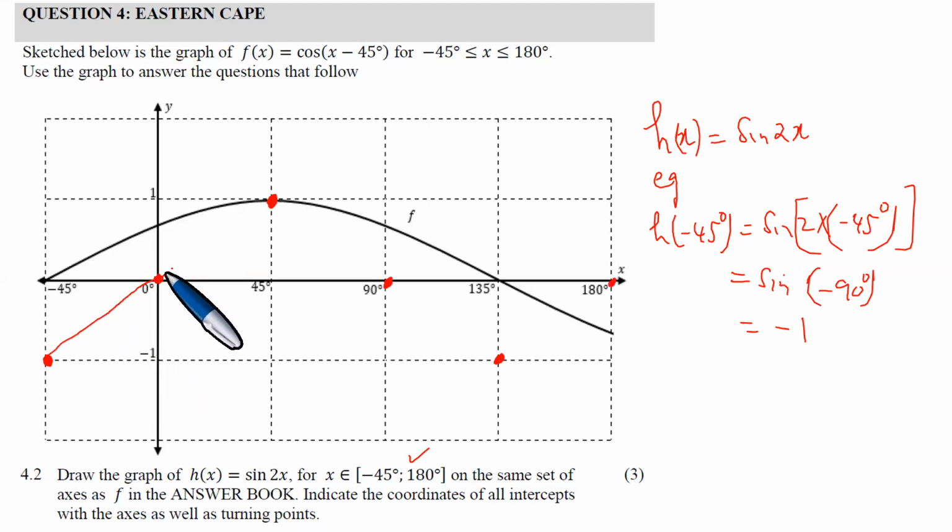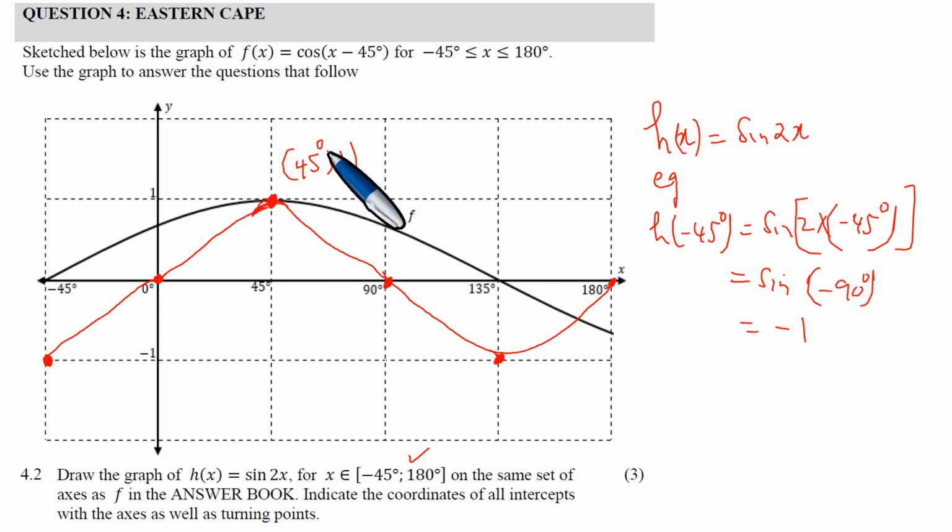Tomorrow I'm going to look at how to use the Casio calculator to draw this graph, because you can just use the Casio calculator to draw these. Now after we got these, this is the graph we have. They said to indicate the coordinates of all intercepts with the x-axis as well as the turning points. This turning point has the x value as 45 degrees and the y value as 1.